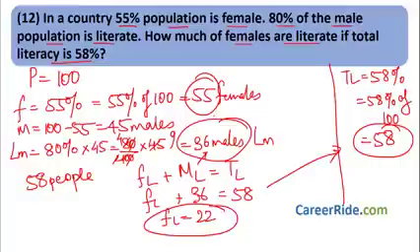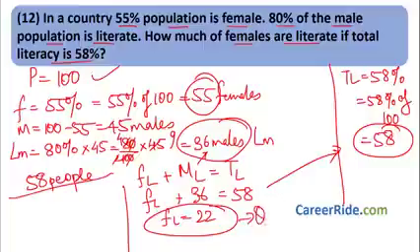Why do we have to find out in percentage? Because no concrete value of population is given, so we cannot write just 22 over here. Everything is given in percentage, so the answer has to be in percentage. Let's find out the percentage, that is, how much percent is quantity 1 of quantity 2.